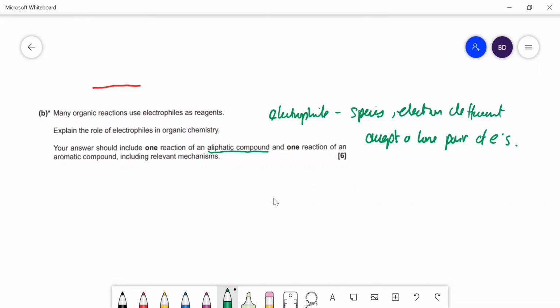Okay, now that means really this is electrophilic addition. And that is going to be with, let's choose ethene, which is about the simplest thing we can have. And that is going to undergo an electrophilic addition reaction with something like HBr.